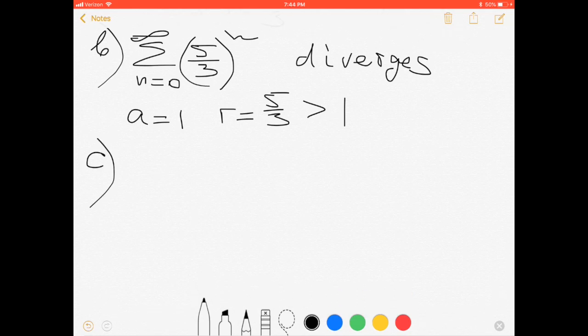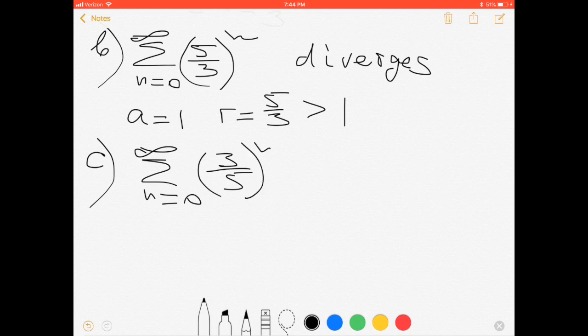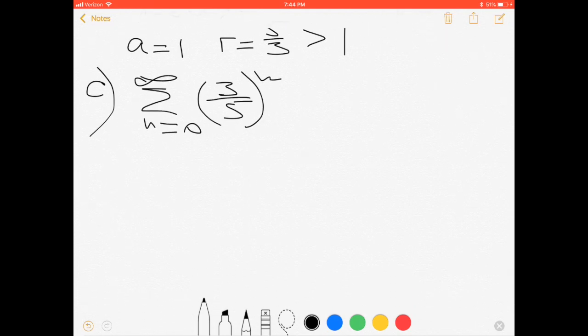And number C, n from 0 to infinity, (3/5) to the power n. What do we have here? a equals 1, r equals 3/5. This means 3/5 is less than 1, and the absolute value of 3/5 is exactly 3/5.